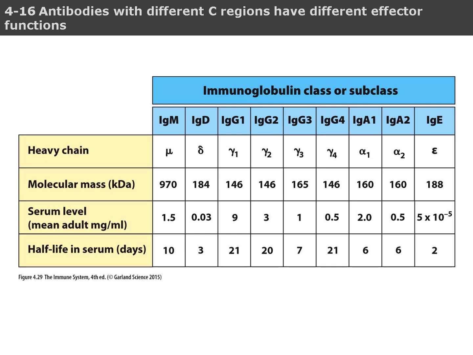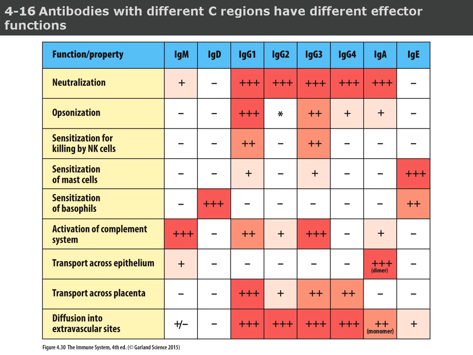Immunoglobulin G1 has the longest half-life at 21 days, while immunoglobulin E persists for only 2 days. These differences in structure, stability, and abundance reflect the distinct effector roles of each antibody type in the immune system's response to pathogens.